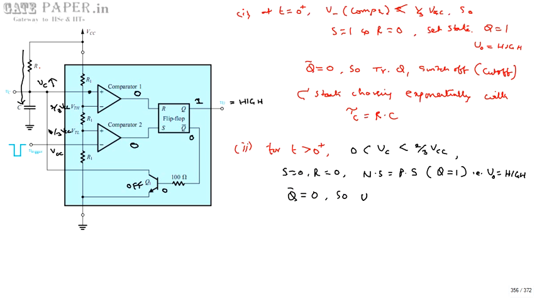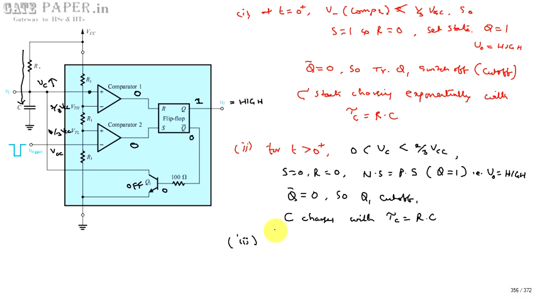So again transistor Q1 will be in cutoff condition only, so that the capacitor charges, with a charging time constant of R into C. The capacitor continues to charge. Okay, so now we are going for the third case.